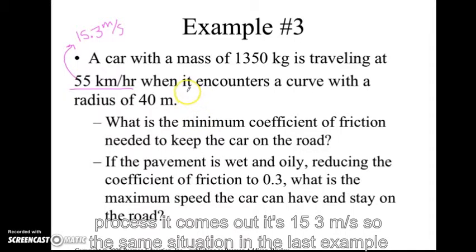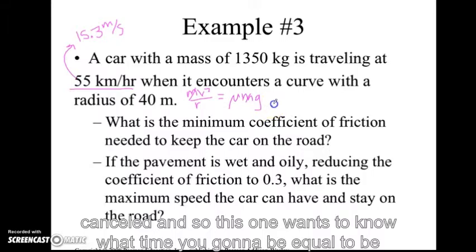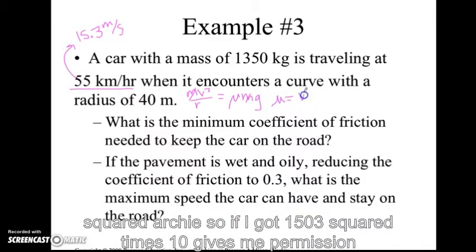So it's the same situation we had in the last example. We've got mv squared over r equals mu mg. Again, it's friction that's keeping the car moving in a circle. Masses cancel out, and for this one, it wants to know what mu is. So mu is going to be equal to v squared over rg.